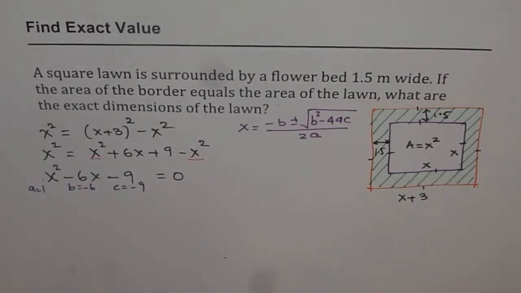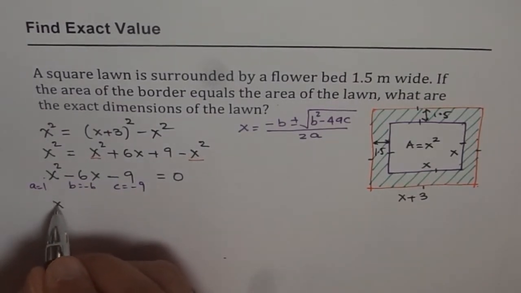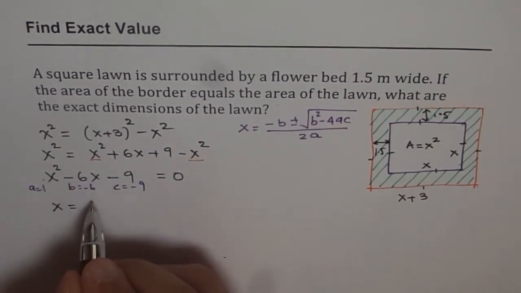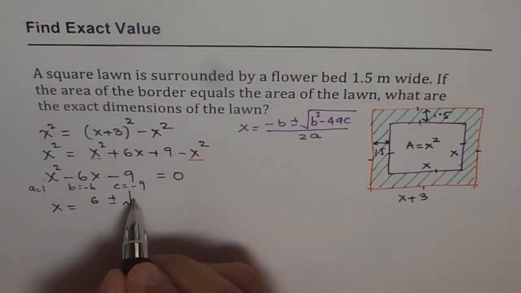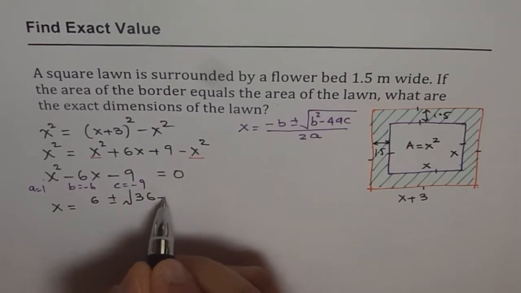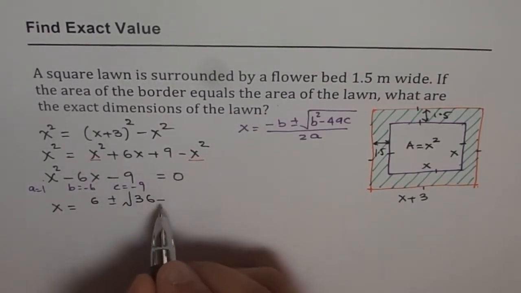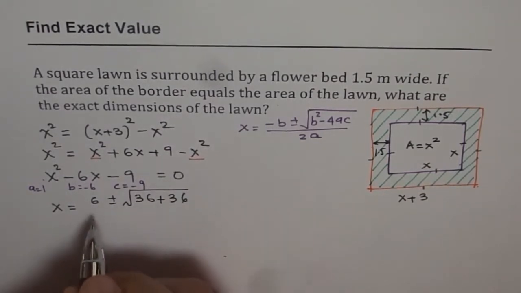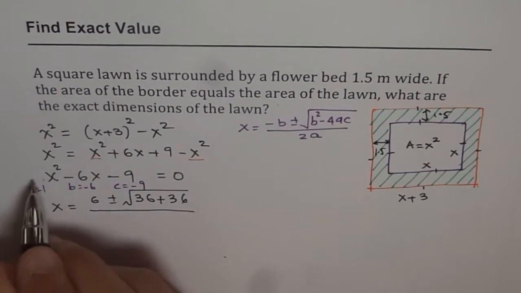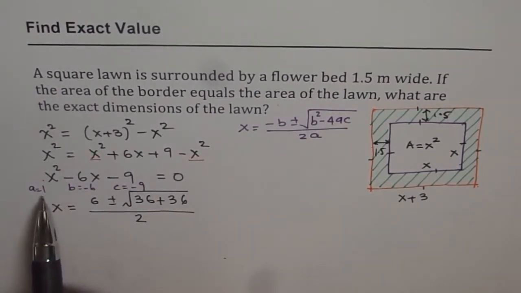So let's find the value of x using this quadratic formula. x equals minus b, that gives us 6, plus or minus the square root of b square, 6 square is 36, minus 4 times ac. Now this minus and minus becomes positive, so it becomes plus 36, square root, divided by 2 times a, which is just the number 2, right? So we substituted these values and got that, correct?